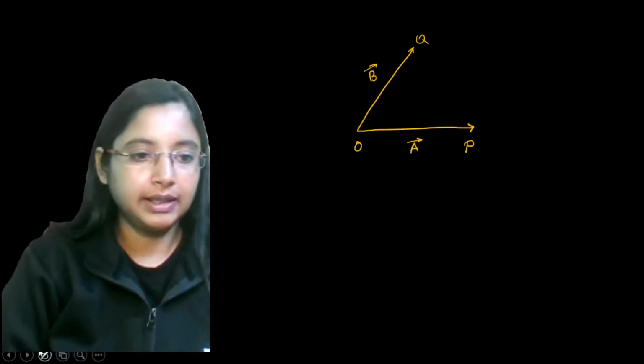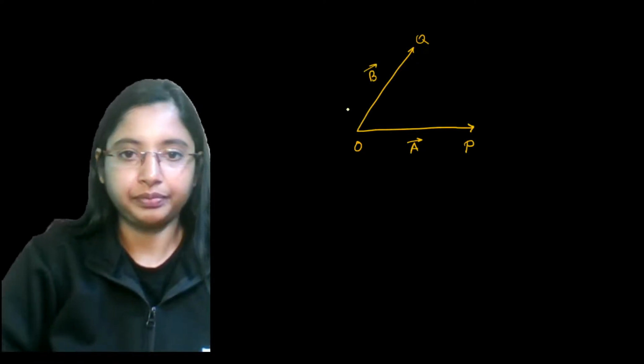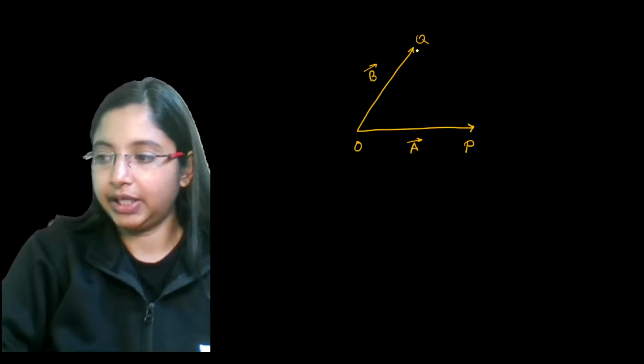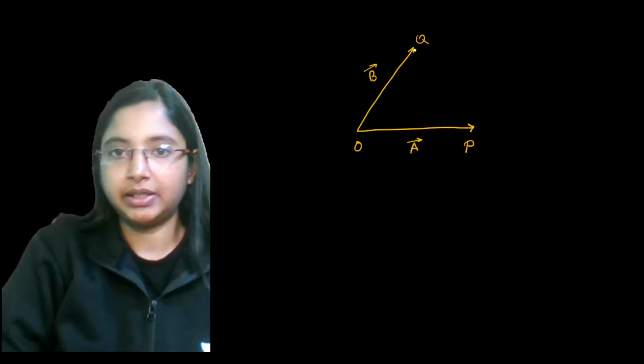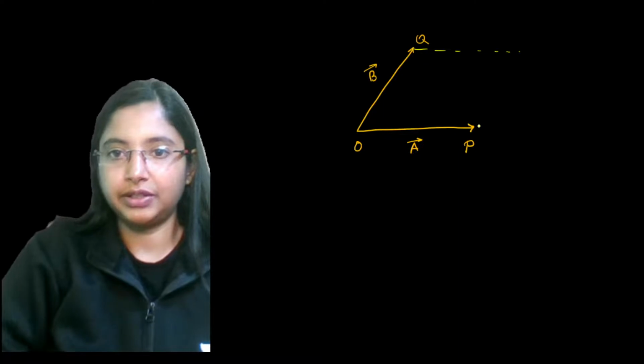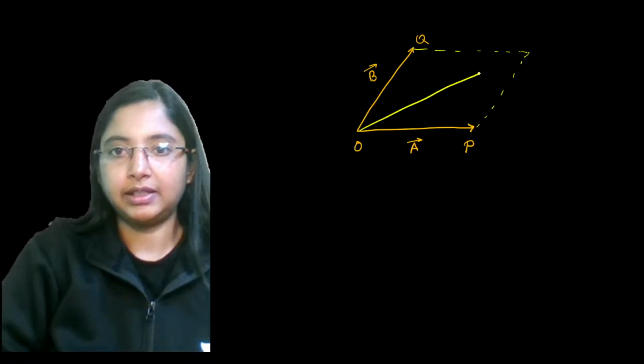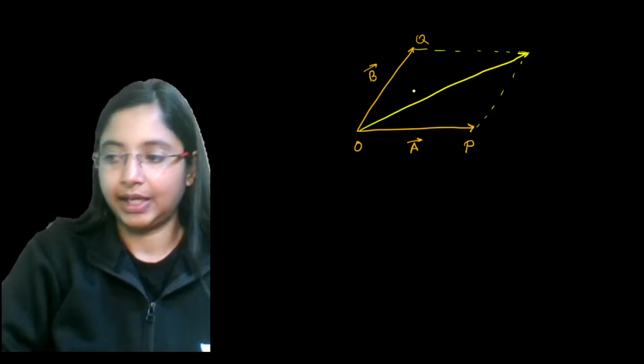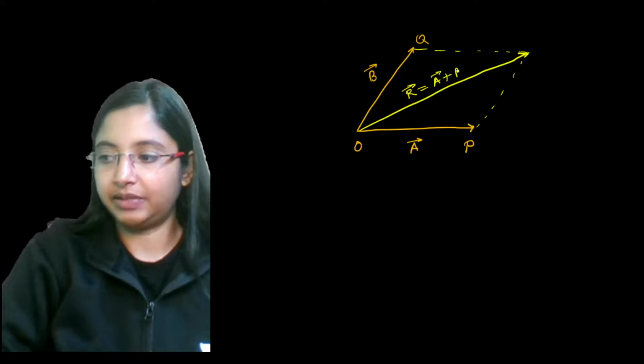The resultant of these two vectors, how do we get that? I have to take this direction into consideration and also this, so the resultant is this one, which gives me R vector, which is nothing but A vector plus B vector.